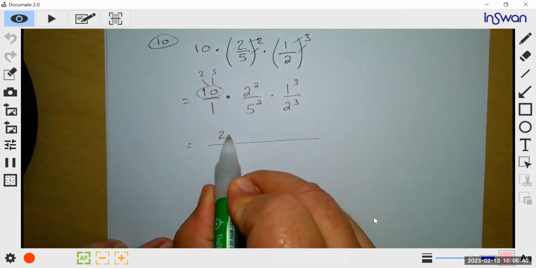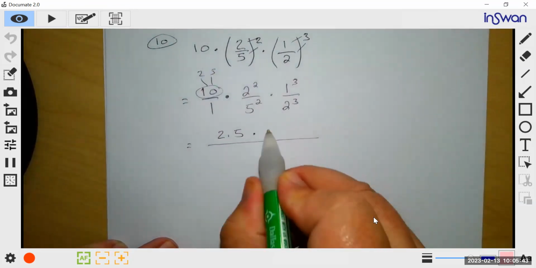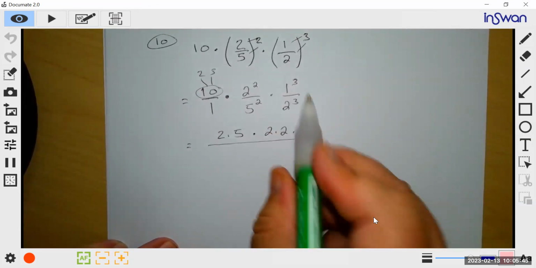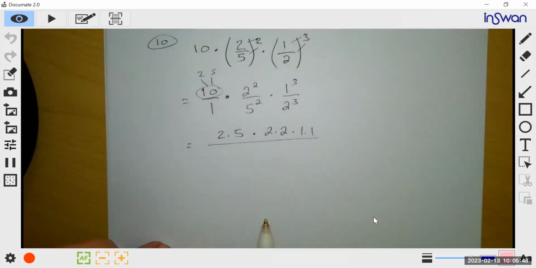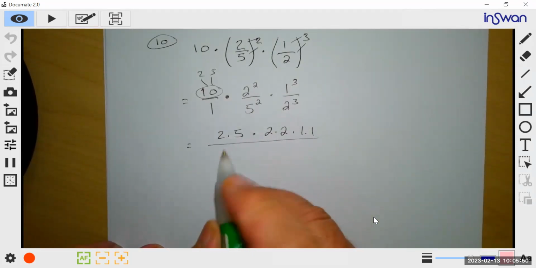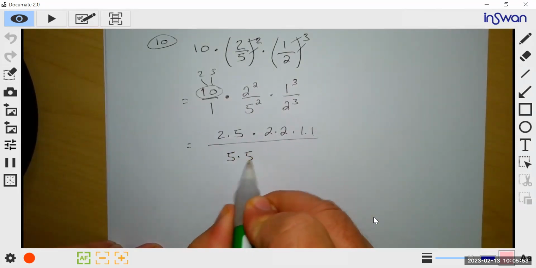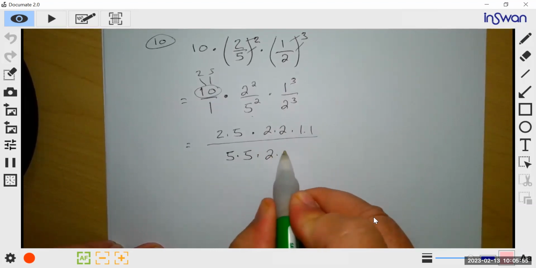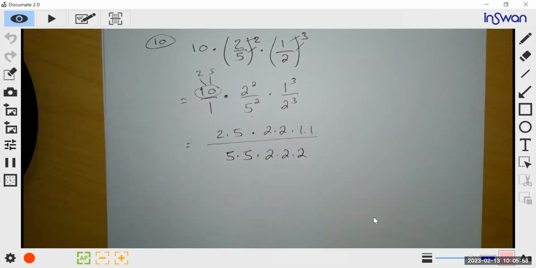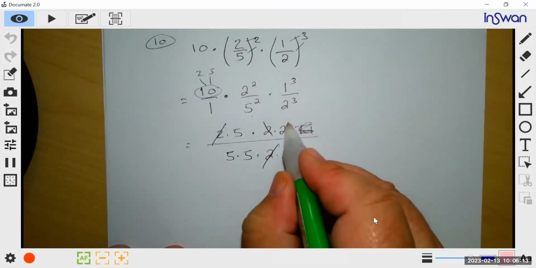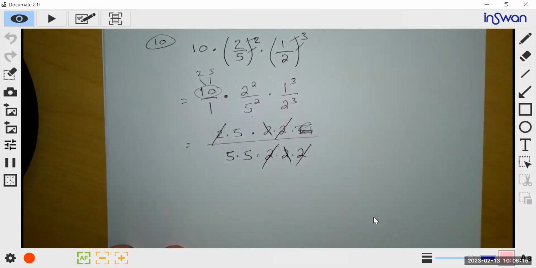So it's 2 times 5 times 2 times 2, and 5 times 5 over 2 times 2 times 2. I don't need the ones, but they're always there. What can cancel? One of these twos, another 2, and another 2. All the 2s are gone.